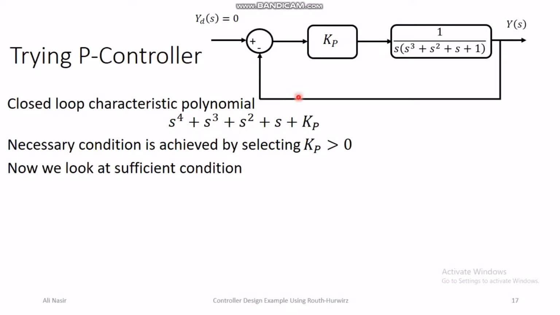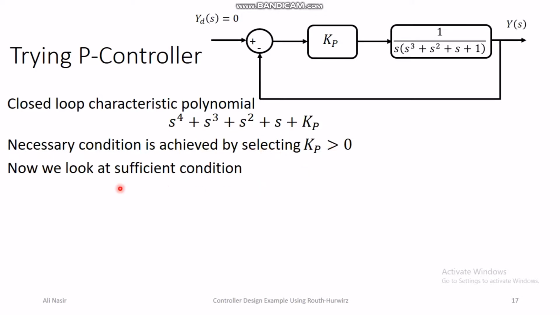So this is c into g over 1 plus c into g, and this is the denominator of c into g over 1 plus c into g, which can also be calculated with the shortcut that this denominator is the denominator of c into g, which is s to the power 4 plus s cube plus s square plus s, plus the numerator, which is kp into 1, which is kp. So denominator plus numerator is the denominator of the closed loop system. The necessary condition for this polynomial is that kp is greater than 0.